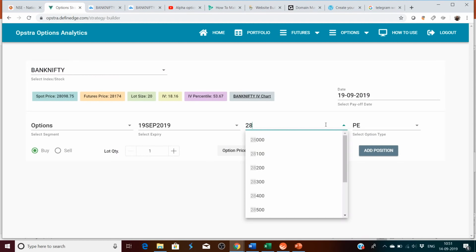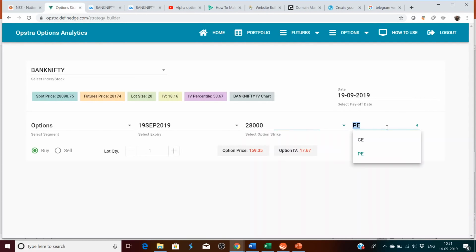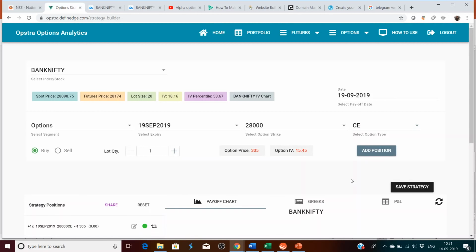So I go and see the 28,000 call. So option price is 305, implied volatility is 15.45. So we buy this one lot and we add the position.